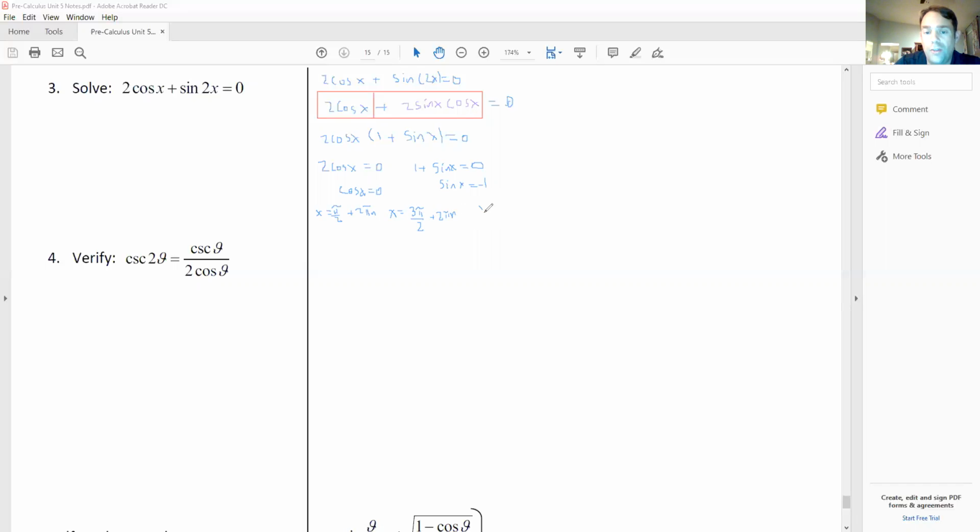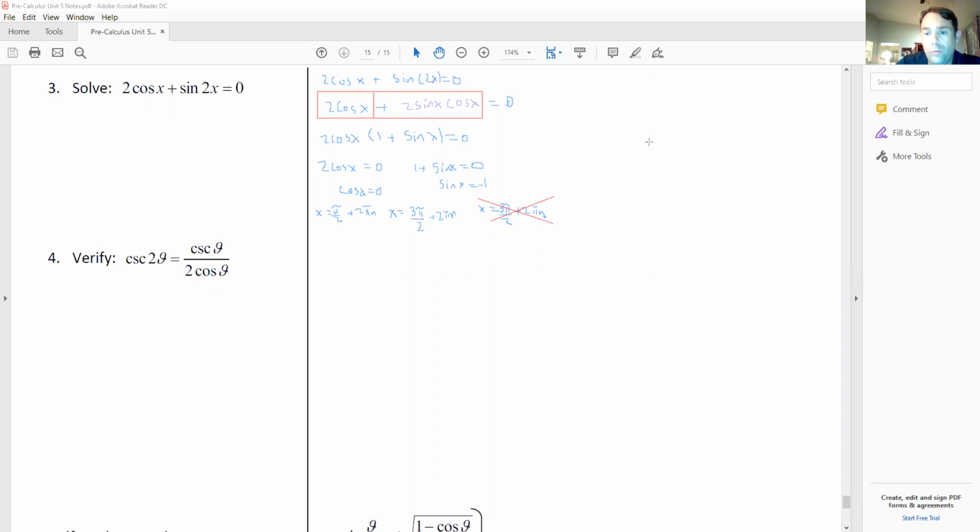And then for sine x equals negative 1, that's also going to be 3 pi over 2 plus 2 pi n. Because that is a repeated root, we don't need to write it twice. We can just drop that one.